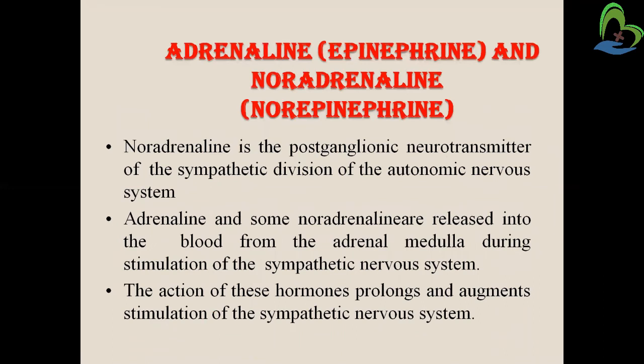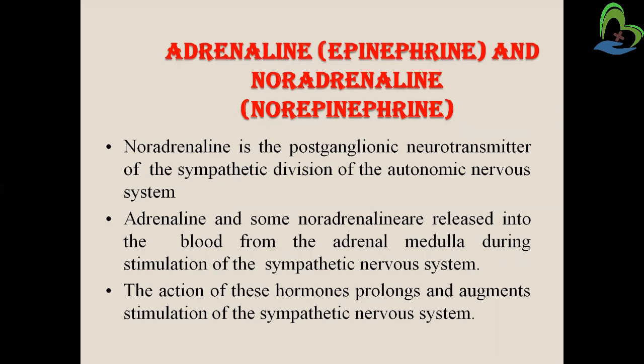Noradrenaline is the predominant neurotransmitter of the sympathetic division of the autonomic nervous system. Adrenaline and noradrenaline are released into the blood from the adrenal medulla during stimulation of the sympathetic nervous system.